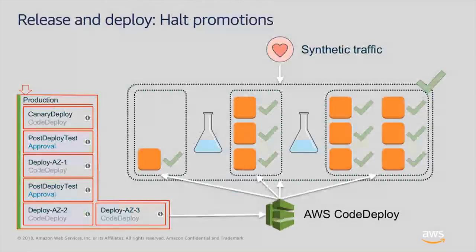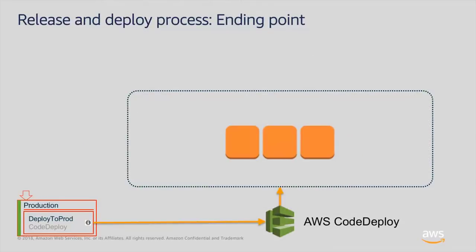So looking at this again in the context of maturity of our pipeline, now we've implemented some health checks on the actual pipeline itself. So at this point, we're synthesizing traffic, we're segmenting our deploys, we're checking the health of each of the instances, we're checking the health of each of the segments, and we're making sure that our actual deploy process or release process has health checks as well.